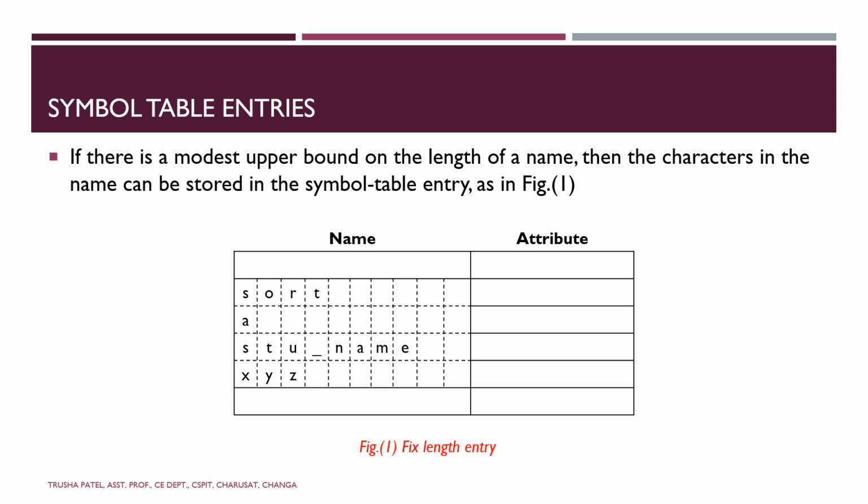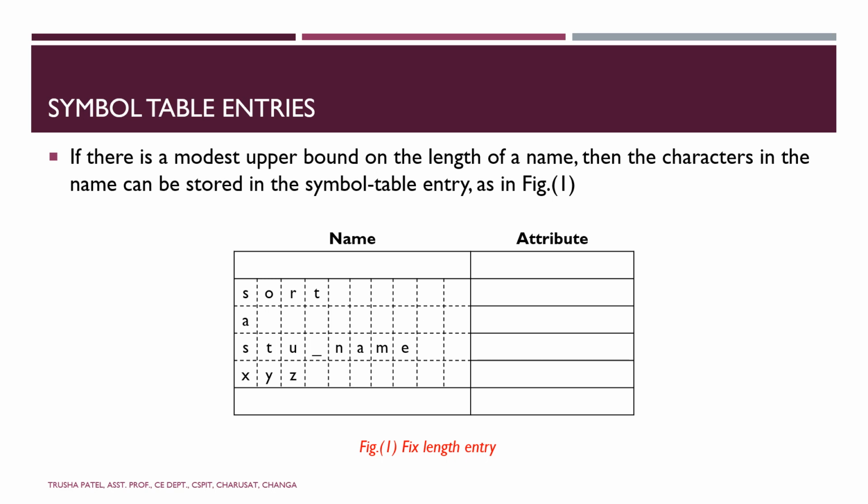Now first, if we assign an upper bound for the length of the name, then the characters in the name can be stored in the symbol table as shown in the figure. Let's say for example in C, there is a restriction that your variable name or identifier will be of maximum size 31, right?